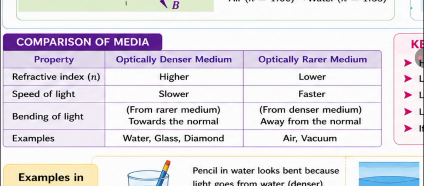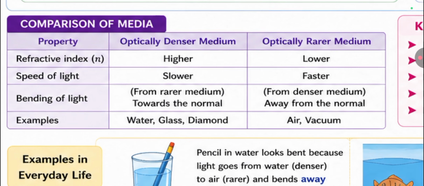In an optically denser medium the bending of light is towards the normal because it comes from a rarer medium. In an optically rarer medium the bending of light is away from the normal because it comes from a denser medium. Some examples of denser media are water, glass, diamond. Some examples of rarer media are air and vacuum.